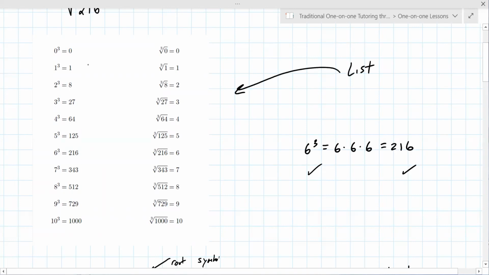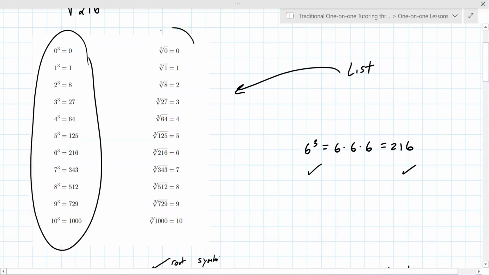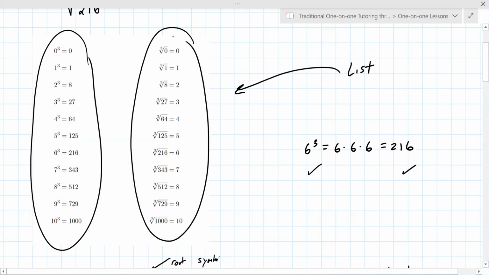You want to know this as well as you know your multiplication table. Did you put that in the chat? Yeah, I already sent you a chat link to that. All this stuff is on my website, so you can always go there and find it if you need.